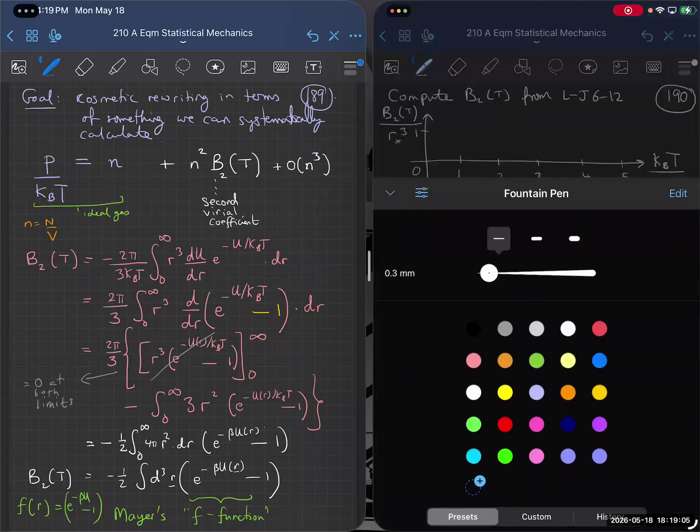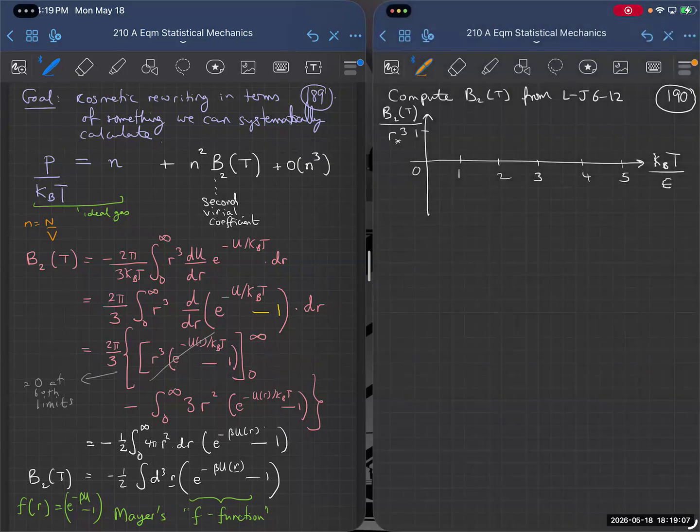And then the function looks something like this. So that's what B2 looks like. Okay, so you can just calculate it. So this is really interesting, right?